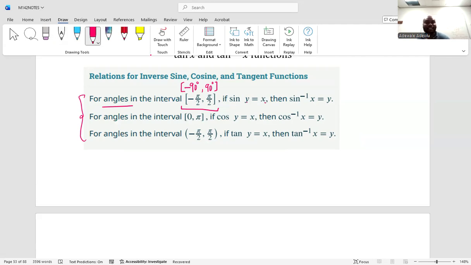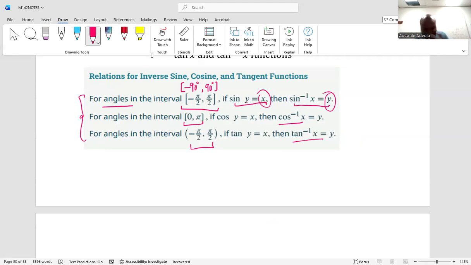For those angles, I can say when sine of y equals x, then I can talk about their inverses. So the sine inverse of the ratio would give me that angle. The same thing with cosine, the same with tangent, except that for cosine, I'm dealing with angles between 0 and pi. And for tangent, I'm dealing with angles between negative pi over 2 and pi over 2.